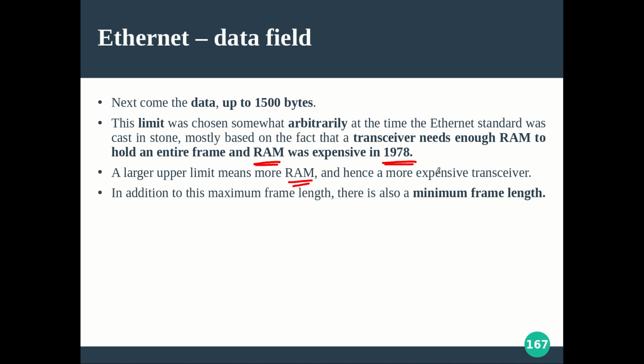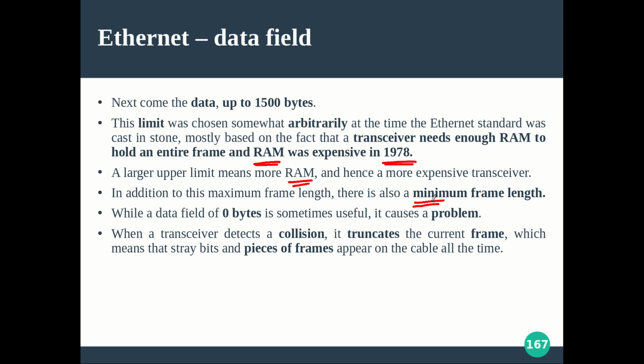So in addition to this maximum frame length, there is also a minimum frame length. The maximum, by looking at the RAM requirement, we restrict up to 1500. Now what about the minimum frame length? Will it be, say, 0 bytes? A field of 0 bytes is sometimes useful, but it will cause a problem. So what is that problem? When it comes to collision, some special collision signals will be generated to notify others about the presence of a collision.